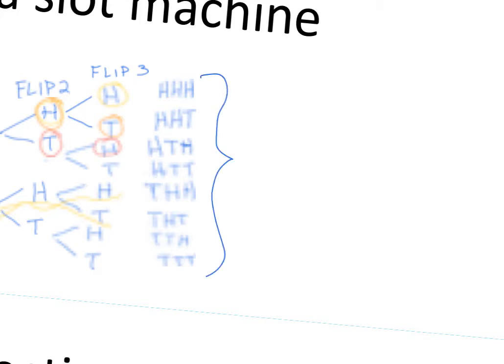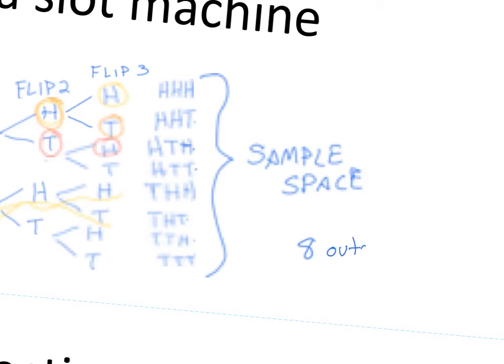That's the entire sample space, all the possible outcomes of flipping a coin 3 times. And we have how many? 1, 2, 3, 4, 5, 6, 7, 8. We have 8 outcomes in the sample space.